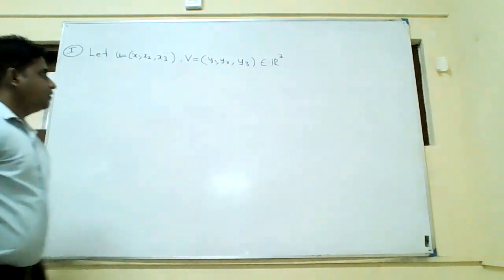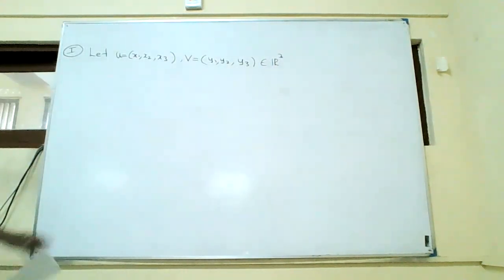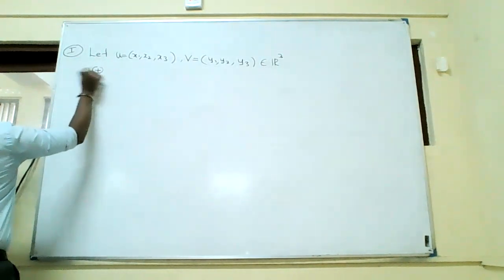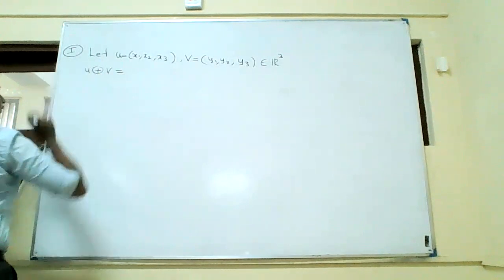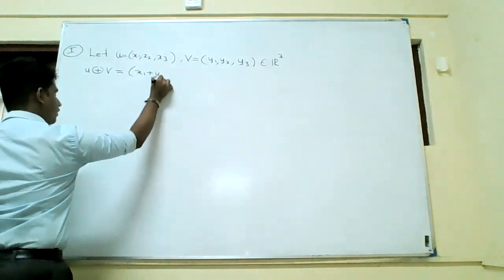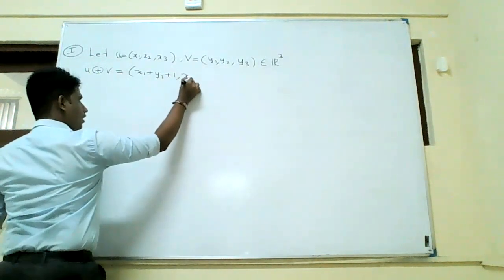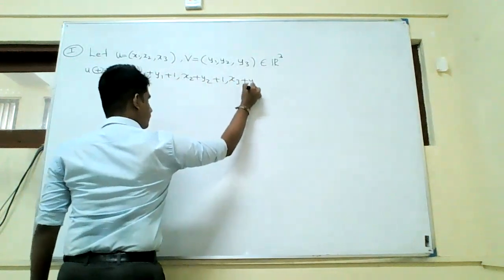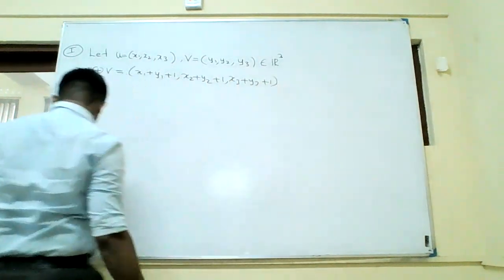First, you want to check the closure property. The vector addition of two vectors u and v is of the form x1 plus y1 plus 1, x2 plus y2 plus 1, x3 plus y3 plus 1.